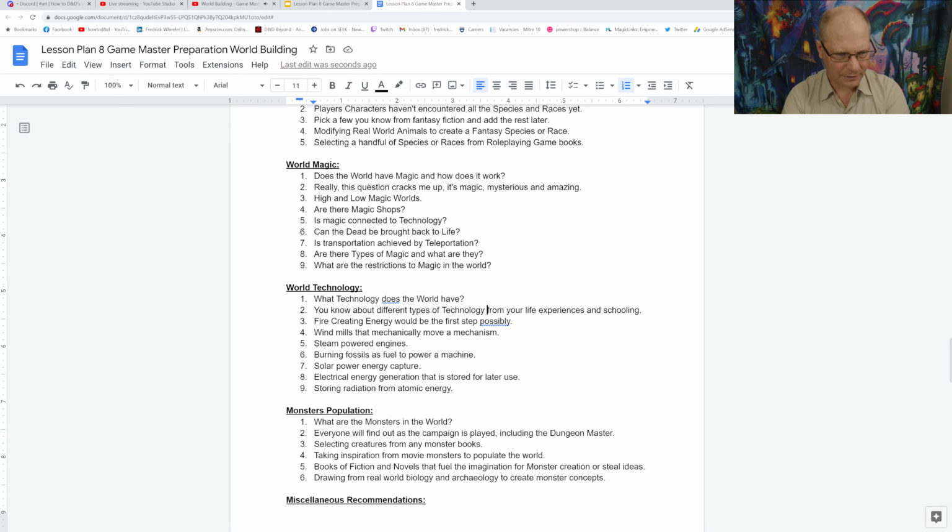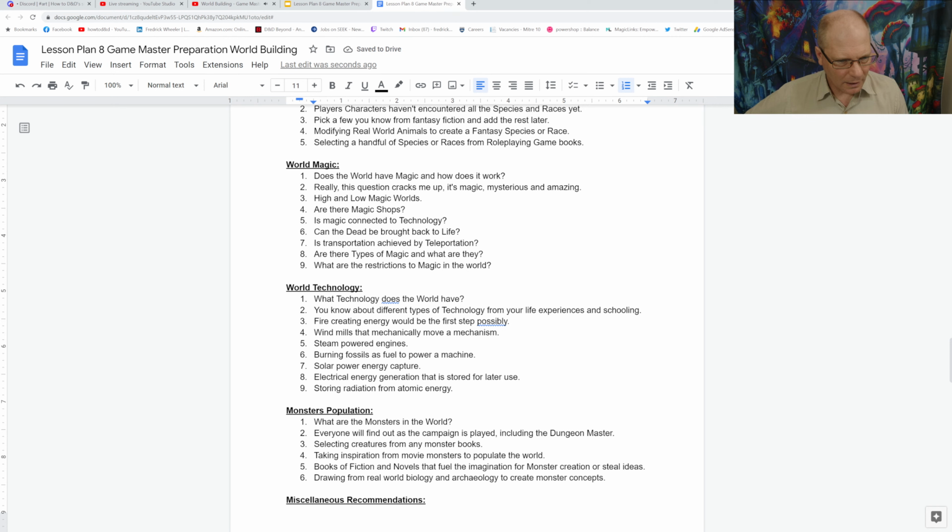A fire creating energy would be the first step, possibly. As I said, I don't know that it's a step, possibly. It doesn't like that. I don't know why.